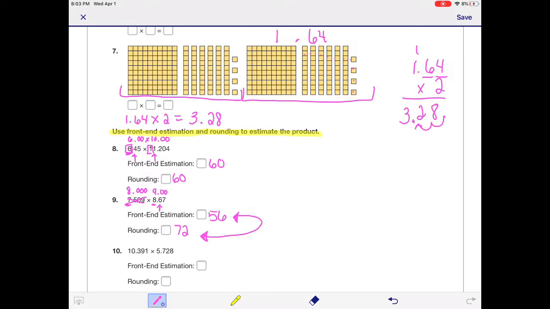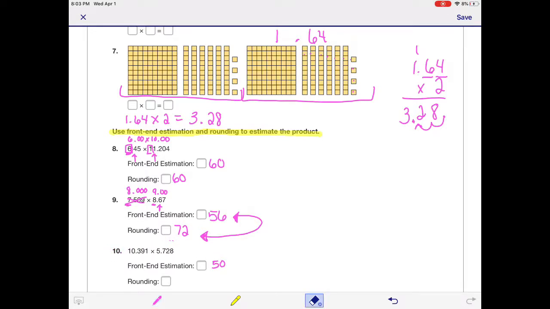All right, front-end estimation, again, let's go down to number 10 here. Front-end estimation, simple. The front end is what you take. That's it. Change the rest to zeros. So we have 10 times 5. Our front-end estimation is 50.